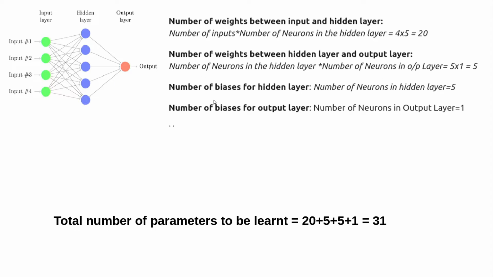And we also have biases to consider: in the hidden layer I have 5 neurons and 5 biases, so that becomes my 5 here. And finally, the number of biases for the output layer is just 1, because it's a single neuron at the output layer. So the total number of parameters to be learned here will be 20 from here, plus 5, plus 5, plus 1, that is 31.